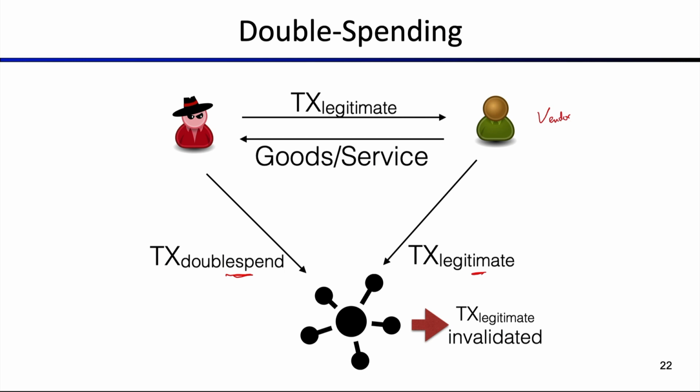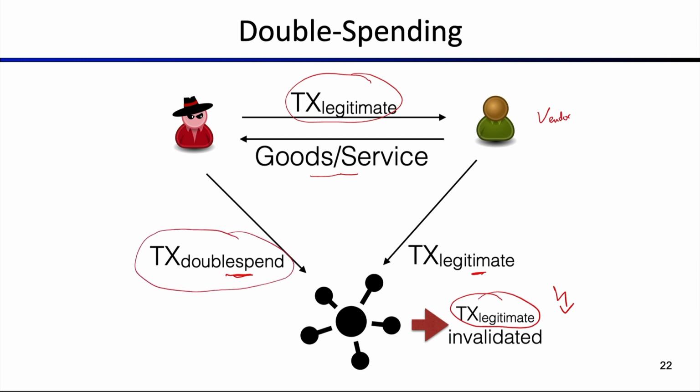That's because the legitimate transaction and the double spend transaction are conflicting, so they cannot both be mined at the same time. And this is really just the process of double spending, right? I pretend that I have a coin that I can spend on goods or services, and in reality I actually spend this coin elsewhere. For example, I send it to my own address, right? So a very traditional double spend.